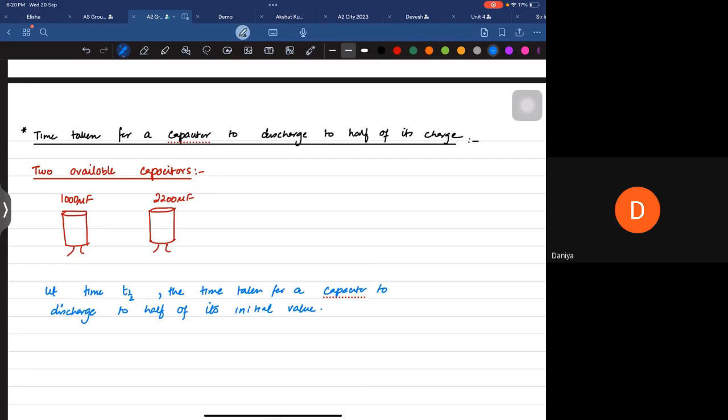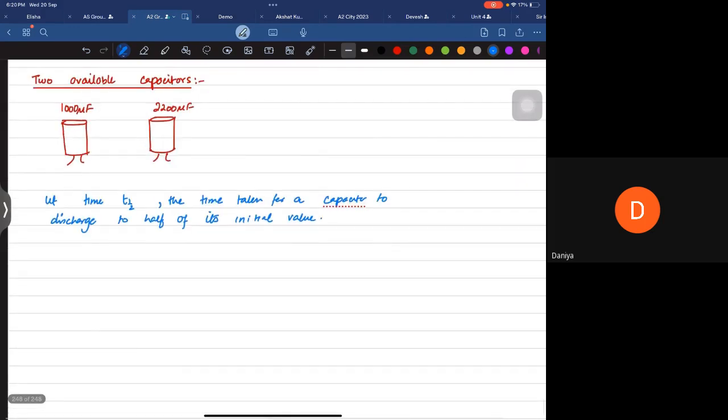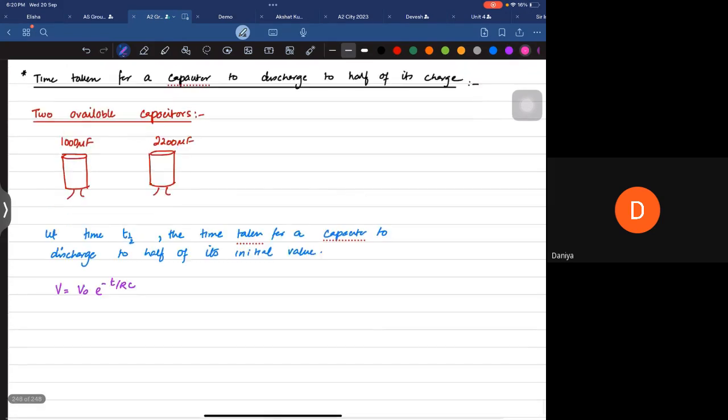Now think about this one. So suppose we take the simple equation V equals to V naught e to the minus t upon RC. Basically, you can use any value. Okay. And here we have basically a circuit shown. Let me show you the circuit as well.